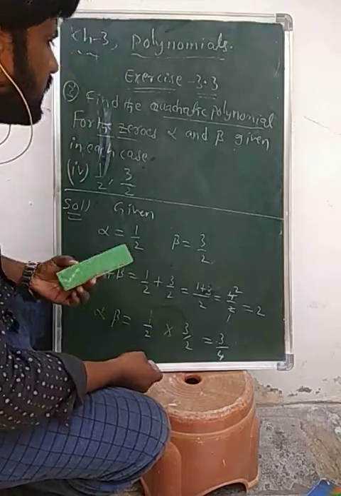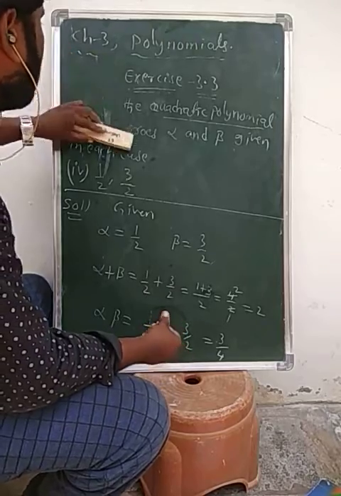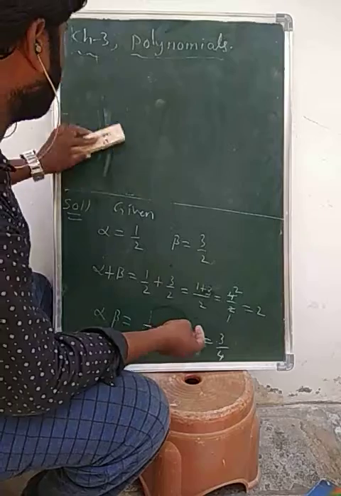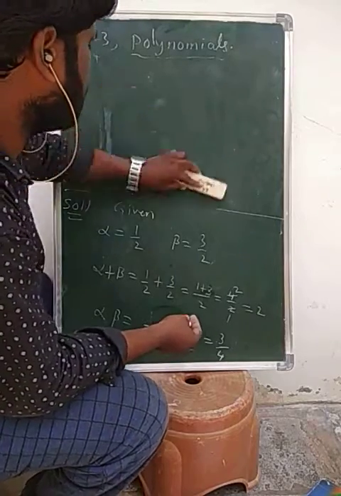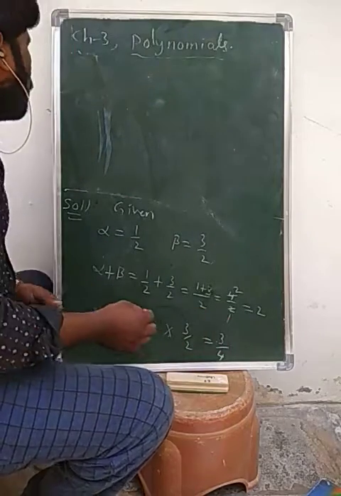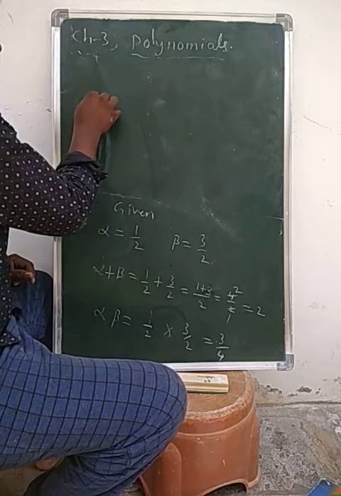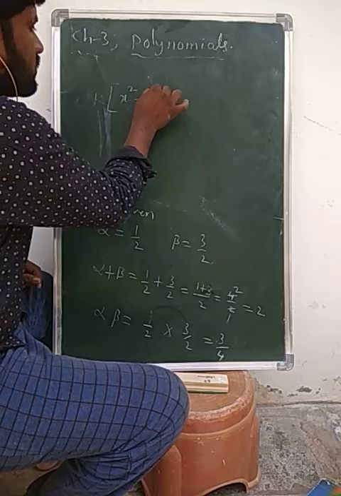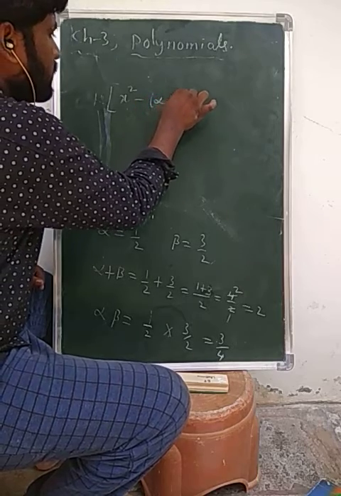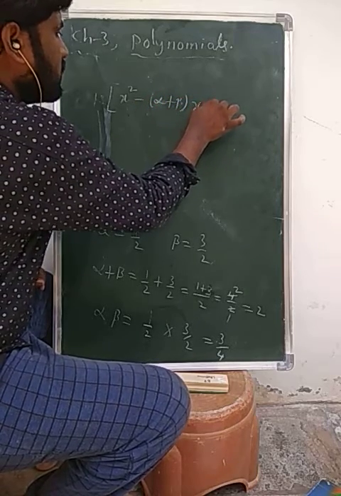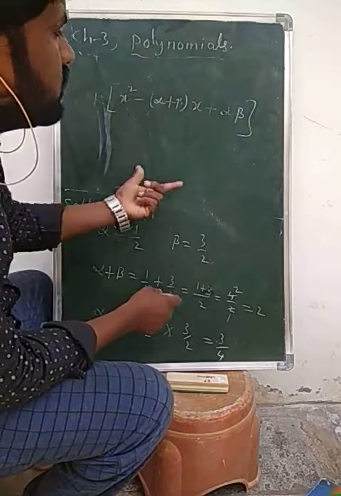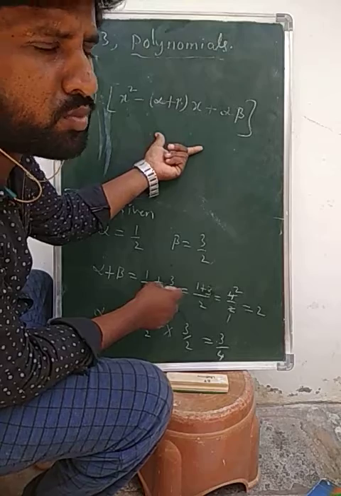Now we know how to write a polynomial when two zeros are given. We have a form: k of x square minus alpha plus beta of x plus alpha beta. This is the form of a polynomial.